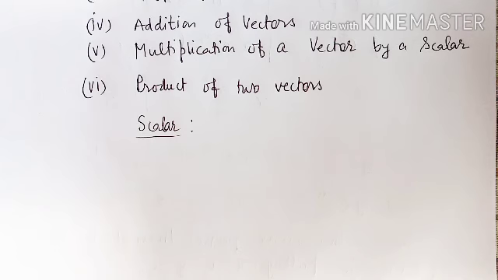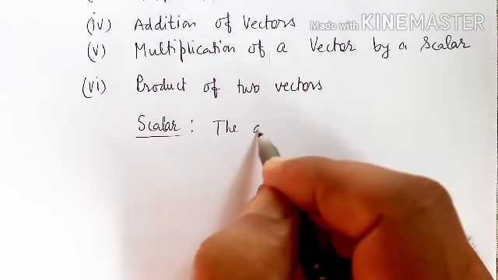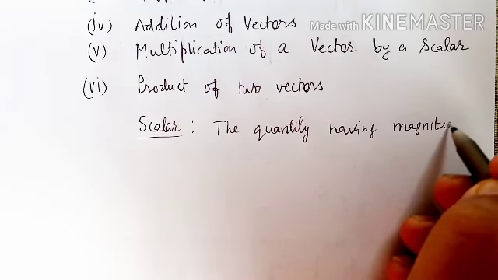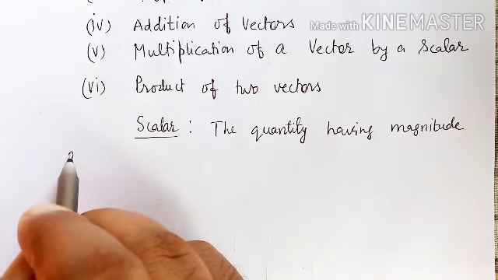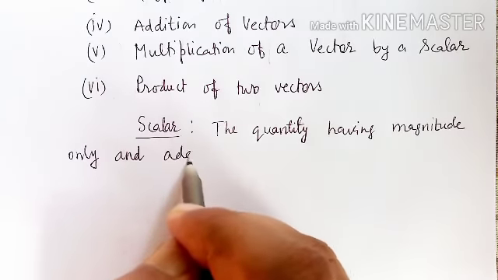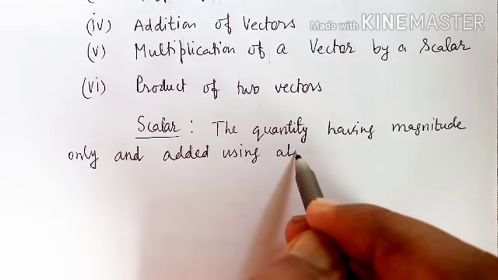One is a scalar and another is vector. A scalar is a quantity having magnitude only and added using algebraic rule.